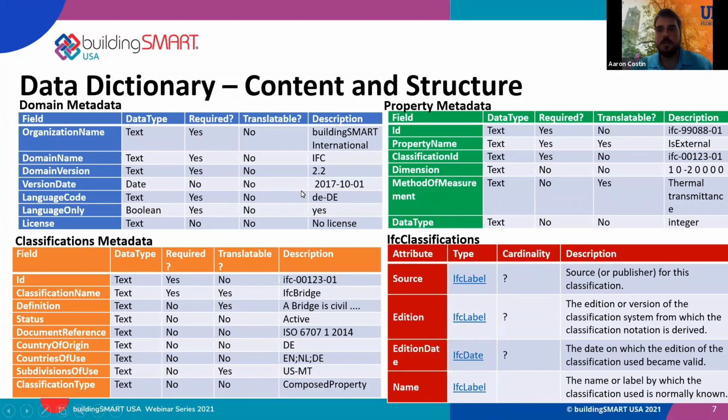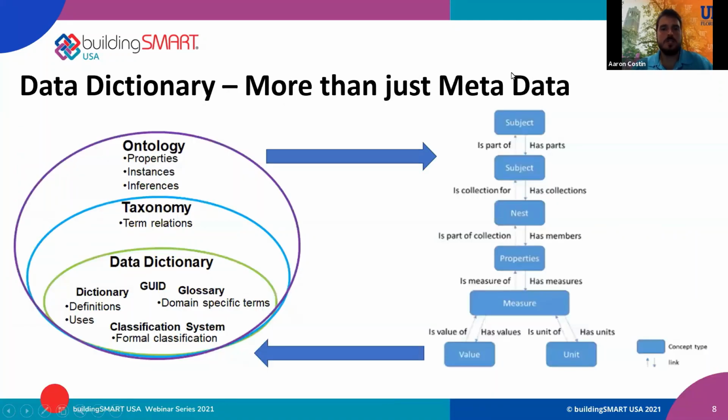And you have different property sets that you can talk about, how those data interoperate and link to each other. And since it's Building Smart, we also include the IFC classifications. So the IFC definitions that have already been defined, how can we link the data that we're going to store to those specific descriptions? Data is more than just the storage of that data.